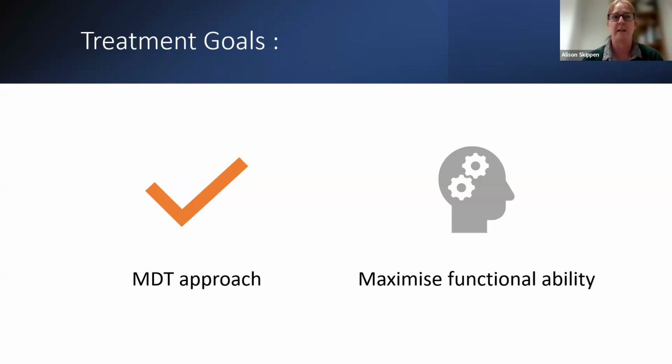They might need software that uses eye coordination to use computer systems to communicate what they want. It may be that they're able to get to school, or how they're going to get to school, how they're going to function at school, are they in the right setting? So there's so many parts to maximizing functional ability, but also quality of life as well.